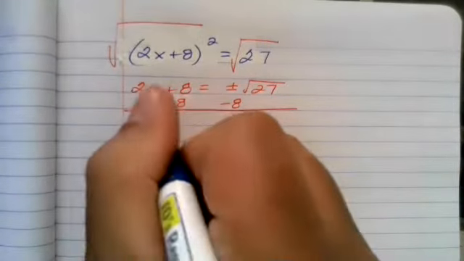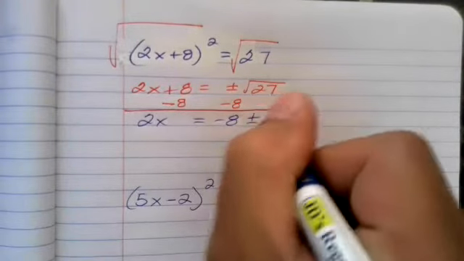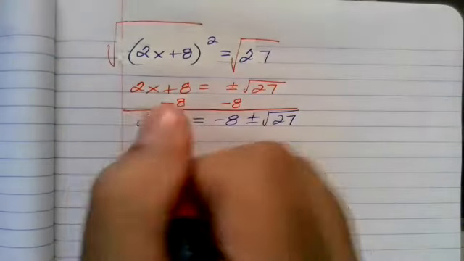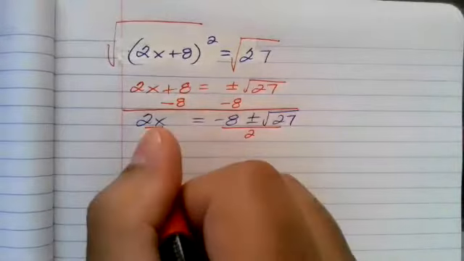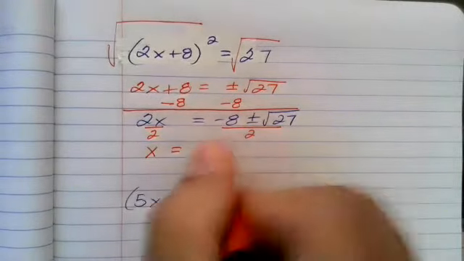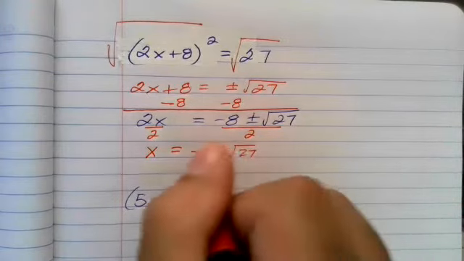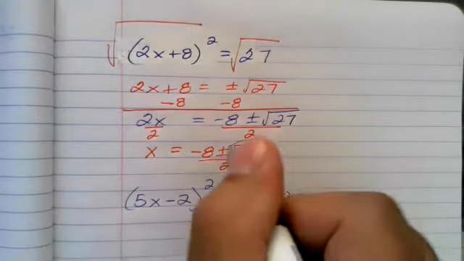I'll have 2x is equal to negative 8 plus or minus rad 27, and divide both sides by 2. I get x is equal to negative 8 plus or minus rad 27 all over 2. But rad 27 could be simplified.